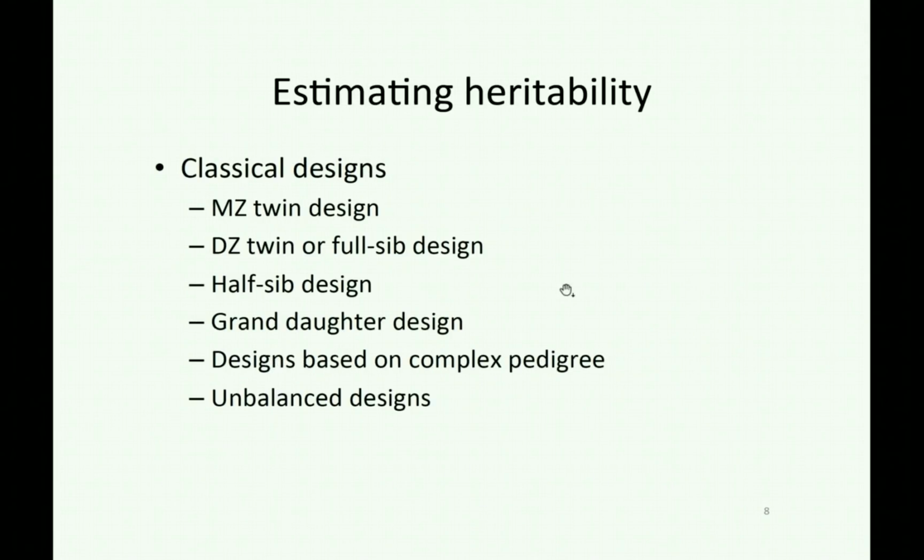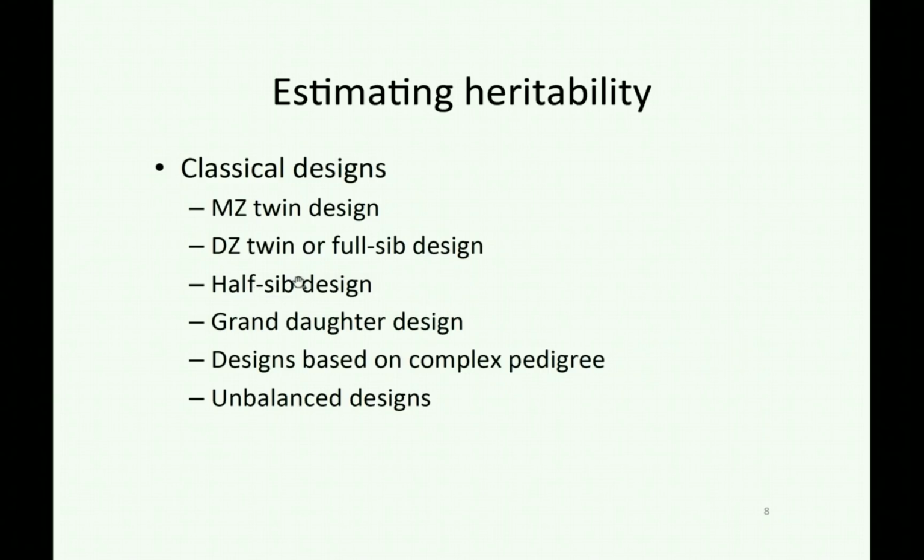Right, so there are a number of useful designs. That is the MZ twin design, especially in human studies. This is widely used. And DZ twin or full sib design. So for DZ and full sib, the kinship coefficient is the same. That's half of the genes between pairs shared from their parents.